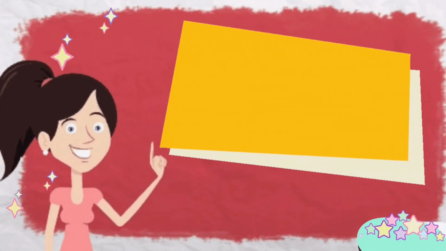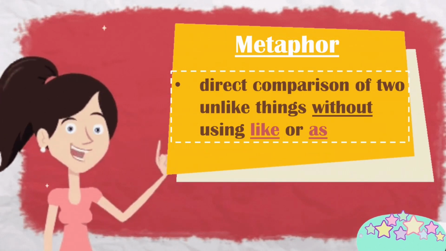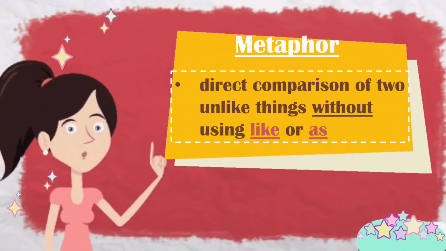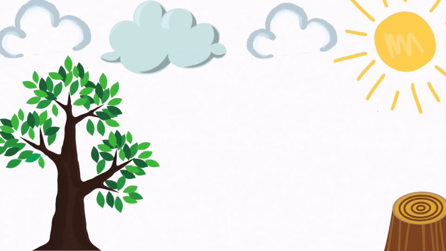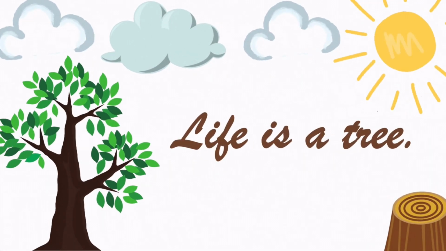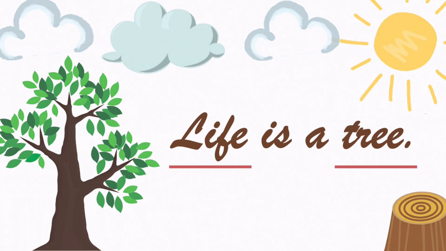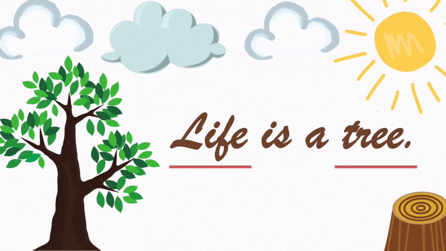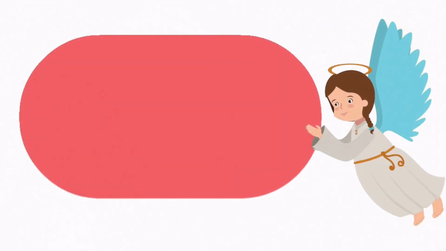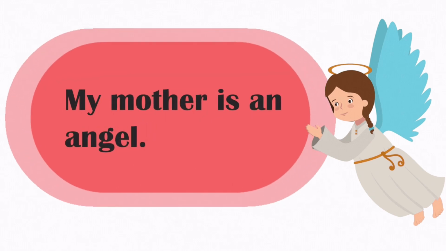On the other hand, metaphor is a comparison of two unlike things without using like or as. Example: life is a tree. In this sentence, life is being directly compared to tree without using like or as. My mother is an angel.